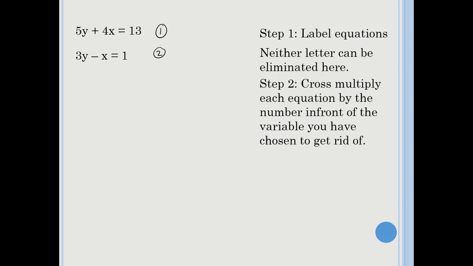What we're going to have to do instead is a wee bit of cross multiplying in order to change the equations and allow them to then let us eliminate a variable. So that's the big difference here, and we're going to look at doing that just now.